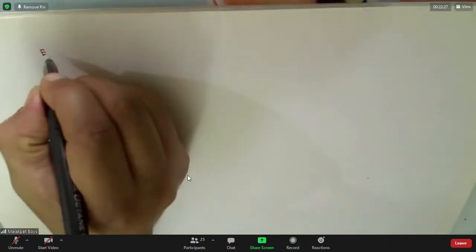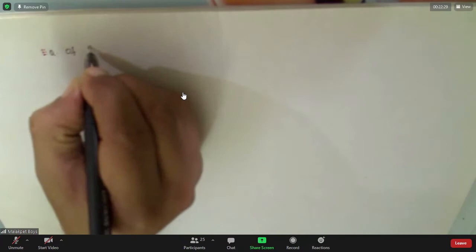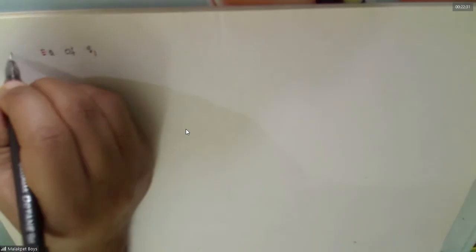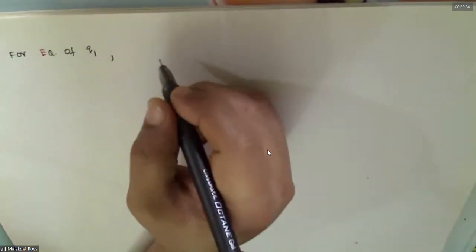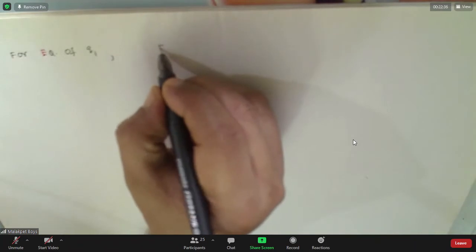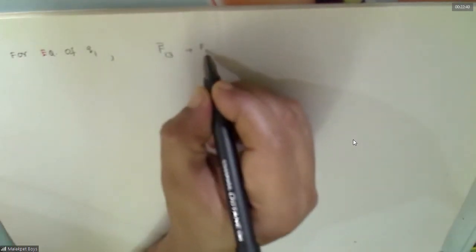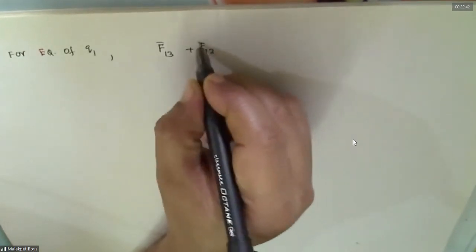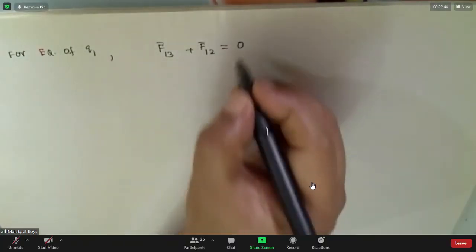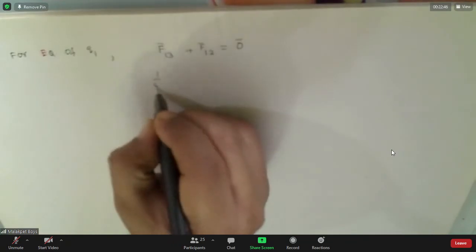Yes, sir, I'll do it. See, equilibrium of Q1. What is the necessary condition? Force on 1 due to 3 and 1 due to 2 must be 0. Do you agree with this? Agreed, sir.